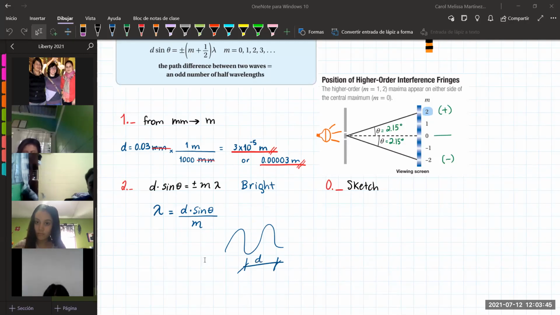I cannot say that this distance is negative 0.5 meters, for example. No, it's just 0.5 meters. So to find the wavelength, you really don't need to include the sign. Right now, all we need to do is replace by the givens.